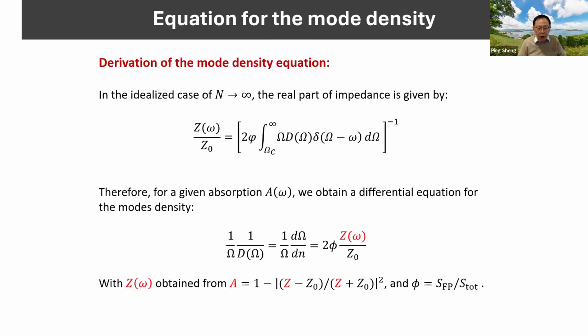Here, Z of omega is denoted in red because it can be derived from the absorption. And the phi, as I noted, is the area fraction of the openings of the Fabry-Perot resonator divided by the total area of the absorber. Okay, so Z here is adjustable. That's important.